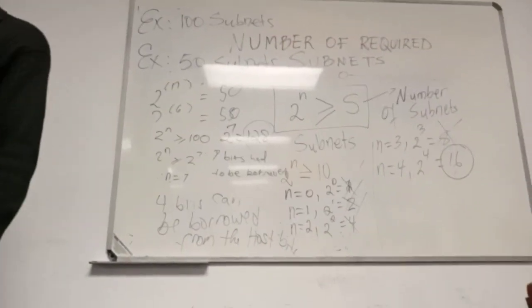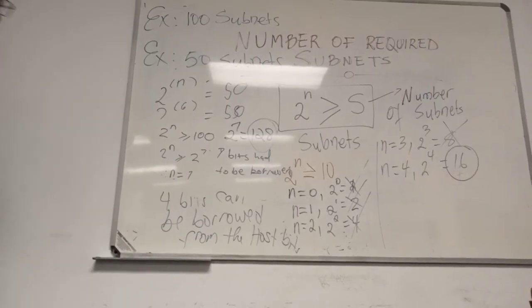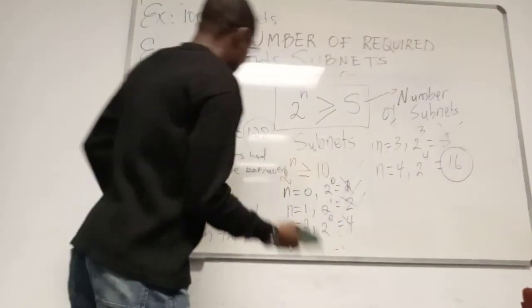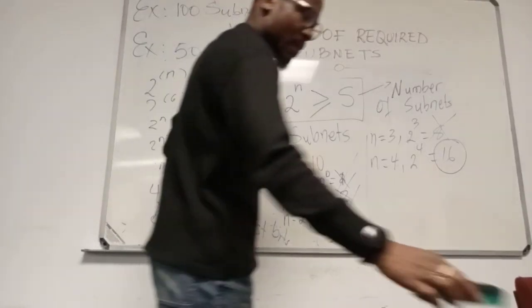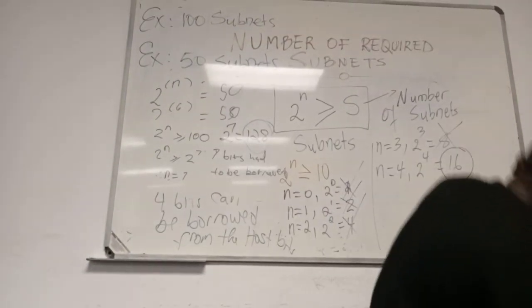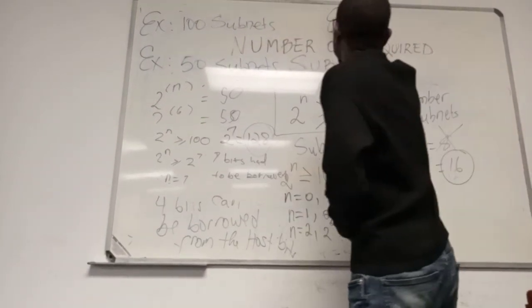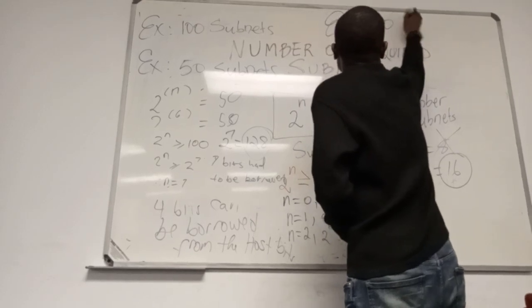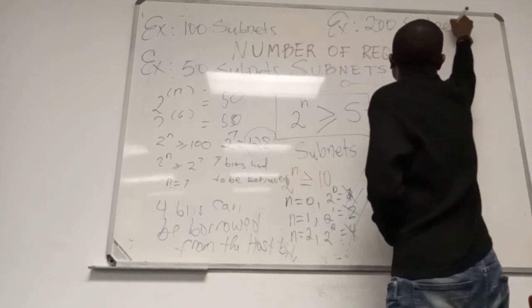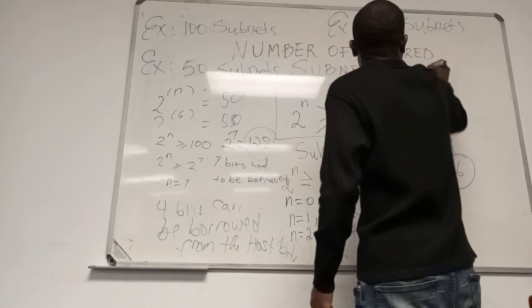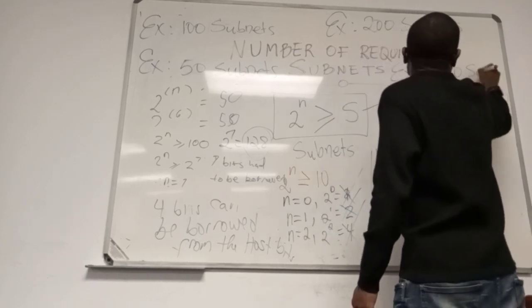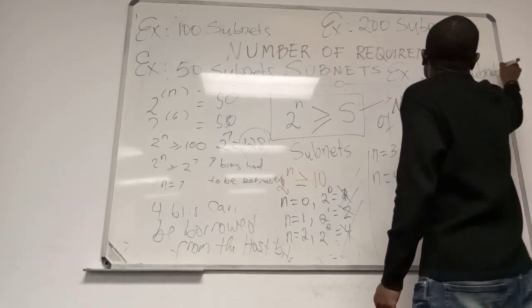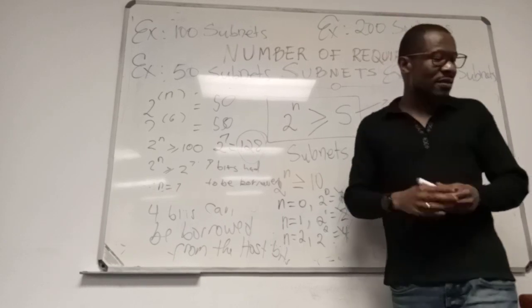I'm going to give you just a few exercises to check your understanding. Try to find for me 200 subnets and 500 subnets. You have 5 minutes.